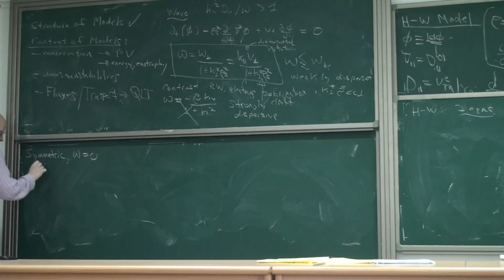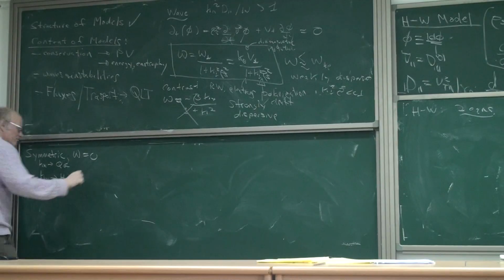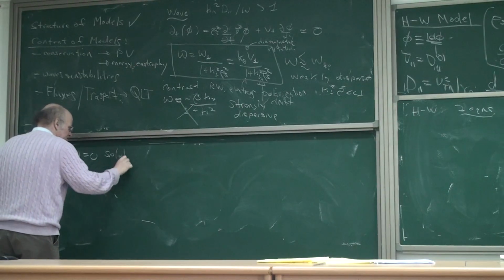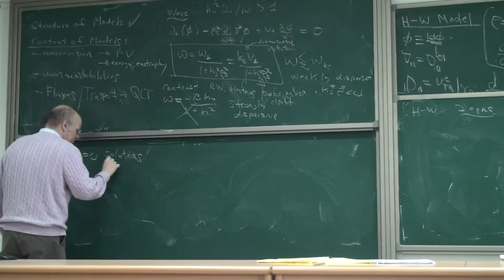In other words, here it would be k_x for the QG, and it would be k_y for the Hasegawa-Mima solutions. So there's a hint, certainly, of zonal flows here. Okay?